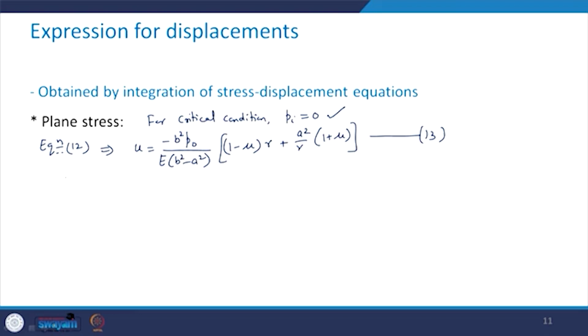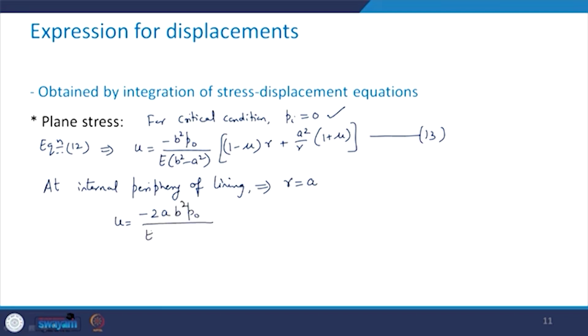And at the internal periphery of the lining, what does this mean? What will be the value of r? This will be equal to a. So, simply this u will become minus 2a b square p naught divided by E times (b square minus a square).